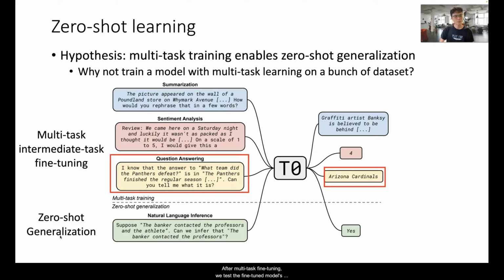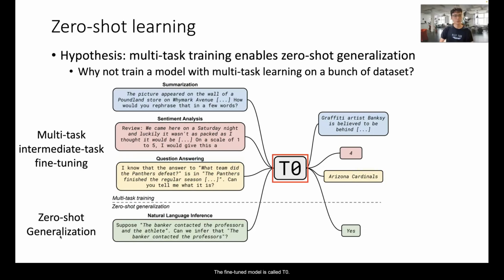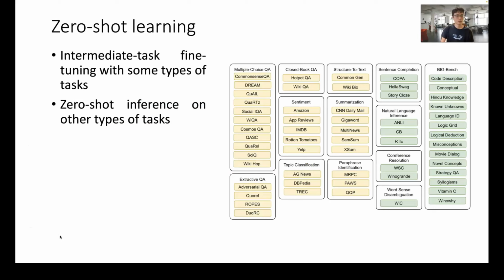After multitask fine-tuning, we test the fine-tuned model's performance on unseen tasks. The fine-tuned model is called T0. In their experiment setting, the intermediate tasks used for fine-tuning are of course different from the tasks for testing zero-shot inference.